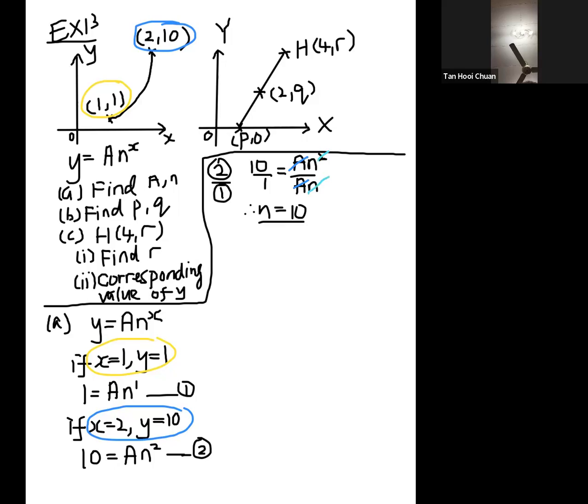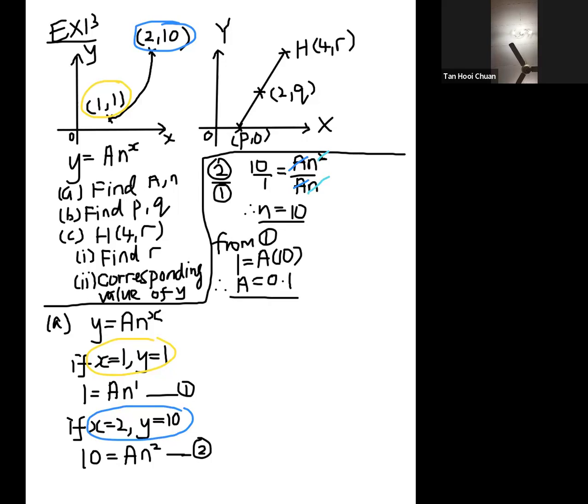Okay. From 1 equal to A times 10, where n is 10. So A is 1 over 10, or 0.1 also can. I put 0.1, easier. This is A.